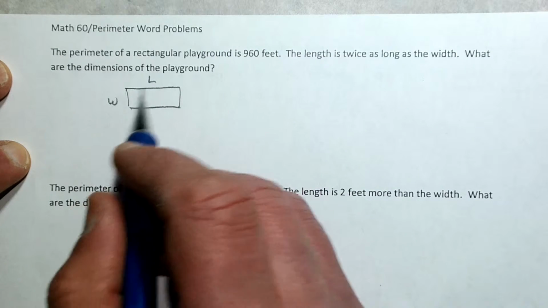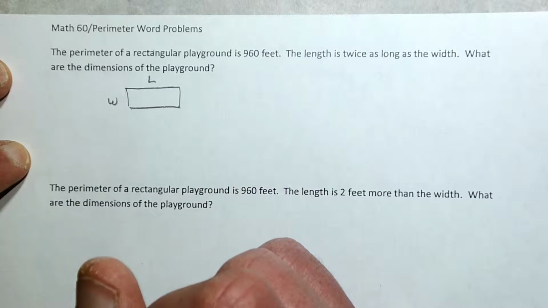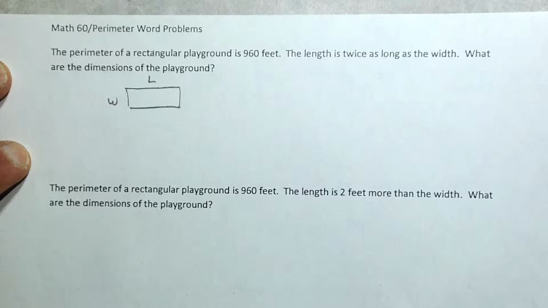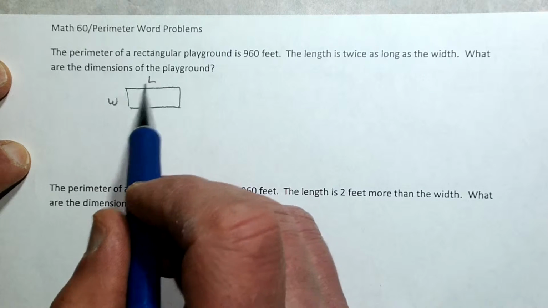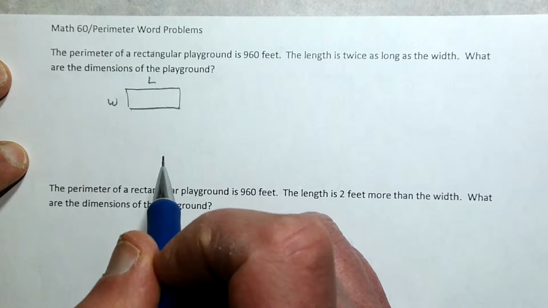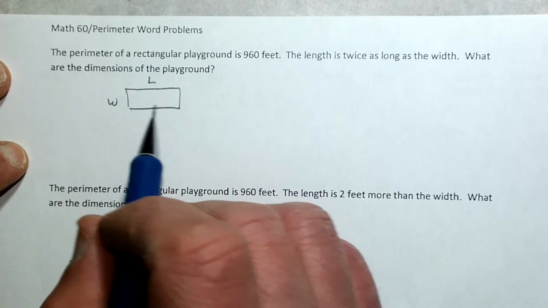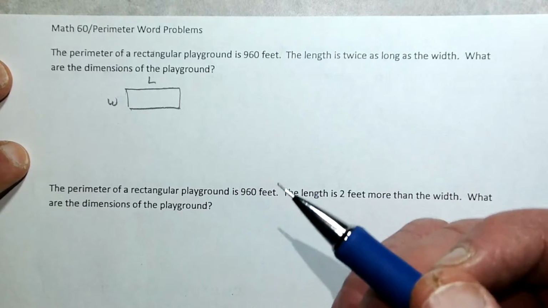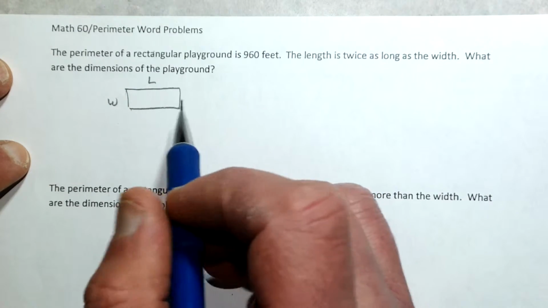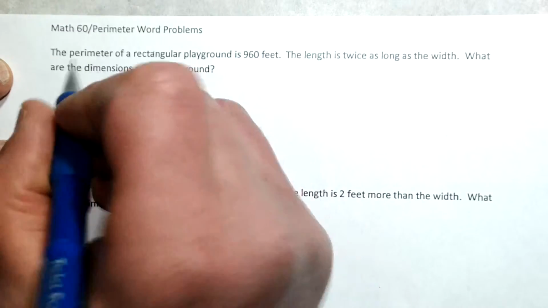So when that happens, one equation's not going to do it for us because we'll have two unknowns. We know how to solve equations where x is the only variable, for example, but we have two different variables that are not known in this problem. So it won't be any surprise that I end up with two equations in order to solve this. The first equation is just a standard geometry formula of how you find perimeter.